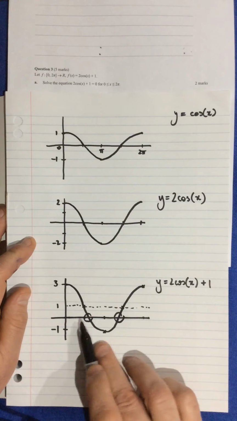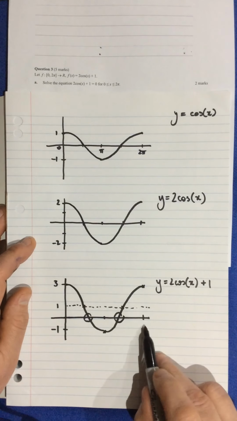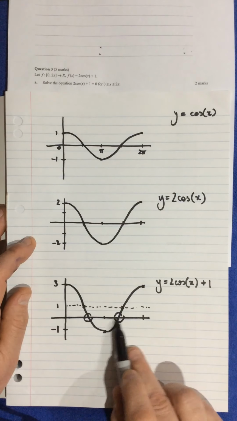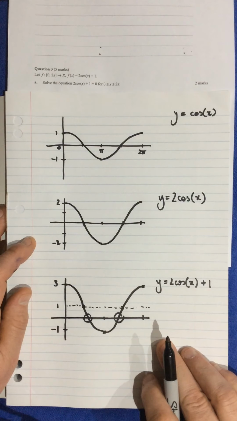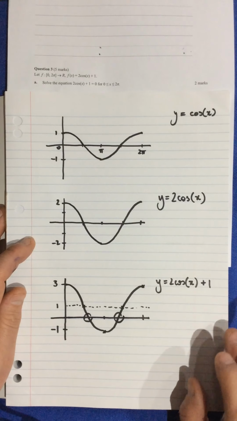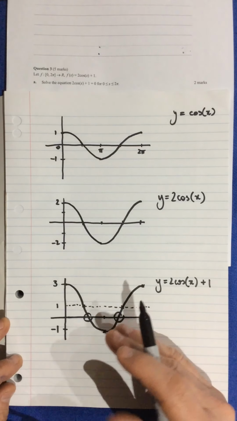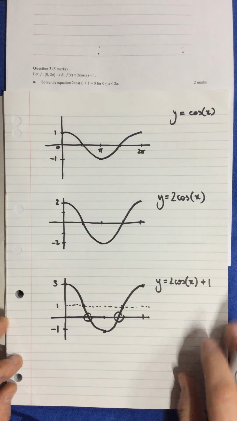Just as a guess off the top of my head, if that's going to 2 pi, it looks like we're sort of dividing that up into thirds perhaps. I know what I'm heading for in this particular question, so maybe that's a bit of a trick. But at least you can get a sense, if you can do this quickly, of what sort of solution you're looking for. Okay, so let's actually do the solution.